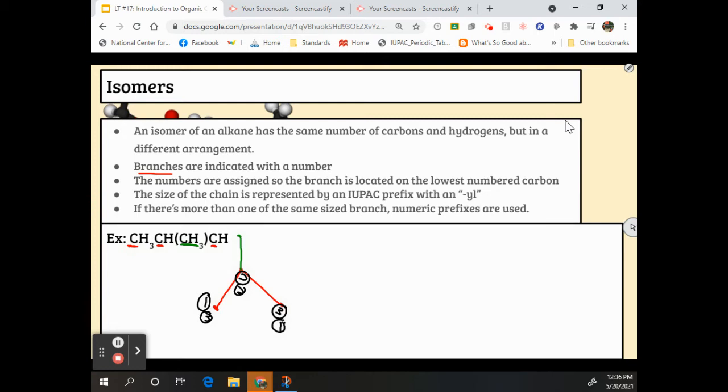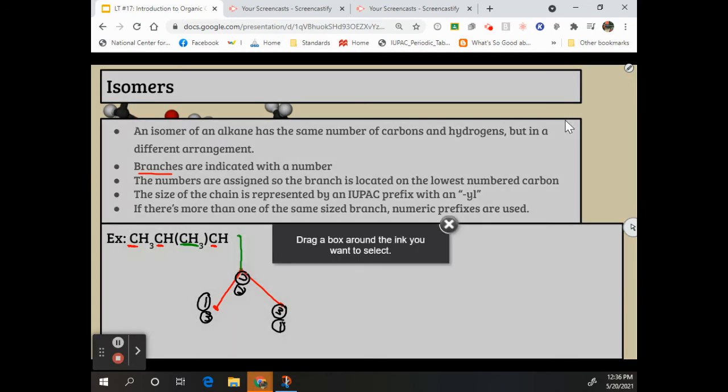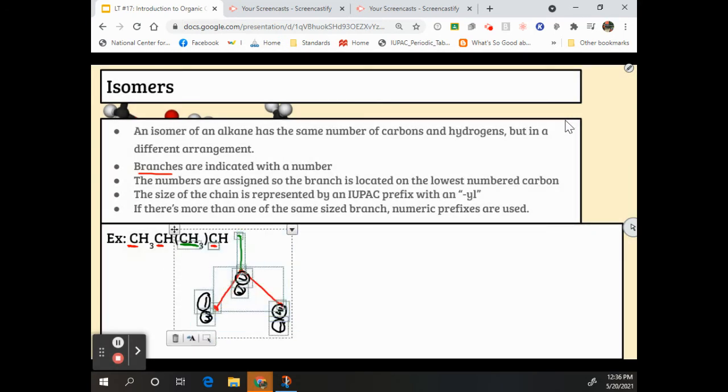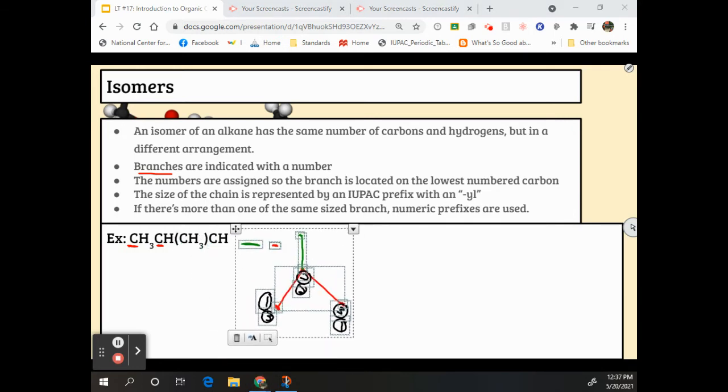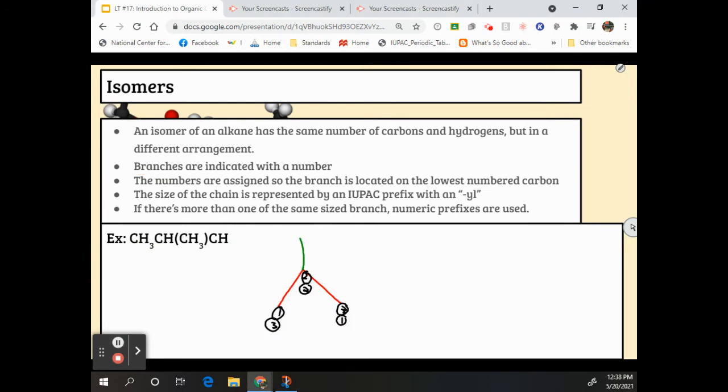And since this molecule is symmetrical, I would notice that I could rotate this whole entire thing. If it rotates, it's not going to rotate for me. So since it didn't rotate, I'll just number it in a different fashion. I could even number it from the lower right-hand corner to the top, and I'd still have 3 carbons. 1, 2, 3. Regardless of which way I look at this, the branch is on the second carbon.